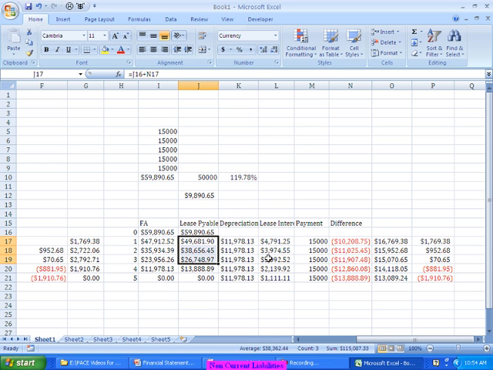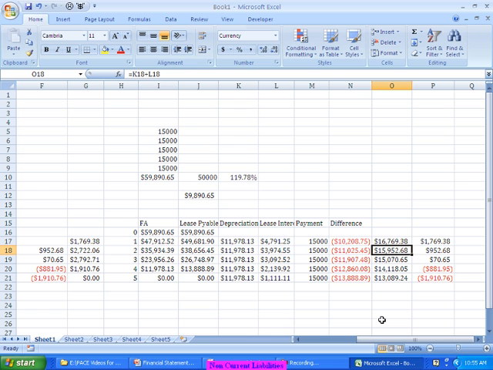See, you are supposed to pay 16,000, but you are paying only 15,000. So the remaining 1,769 got added up to your liability, which has increased your liability by 1,769.